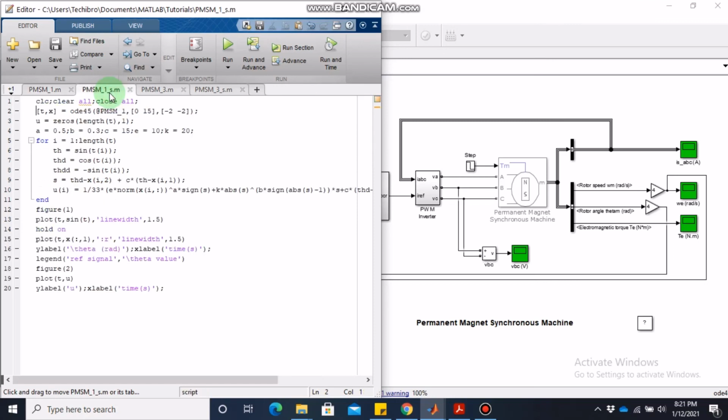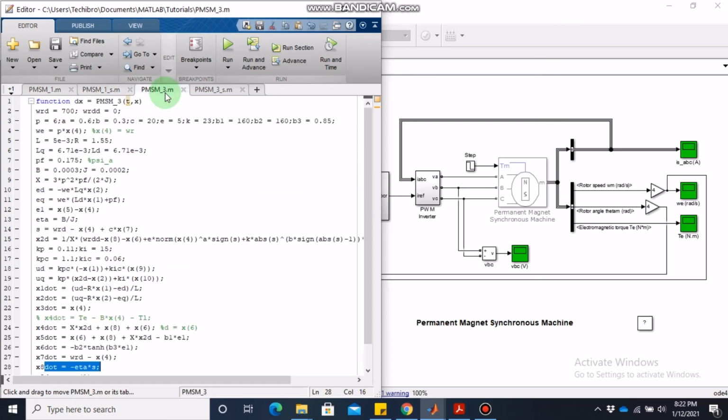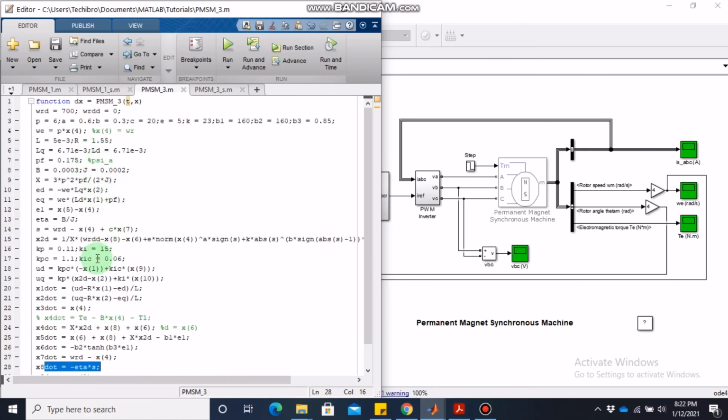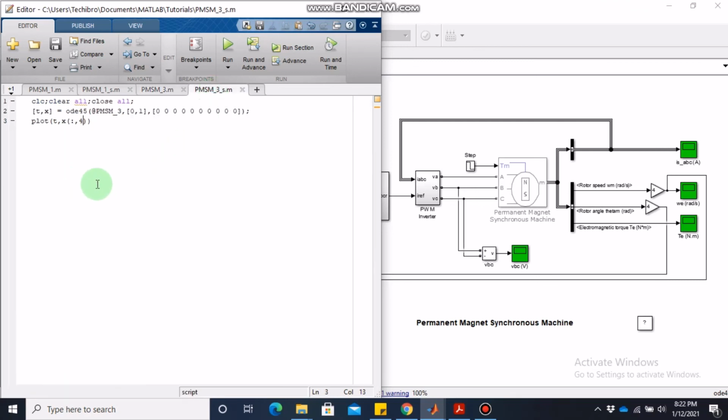And then we have used the detailed model of the permanent magnet synchronous motor described in the paper. Some of the coefficients, some of the values are not the same as in the paper. Some of the values I could not find in the paper, so you have to keep that in mind. But otherwise, this is how you do it.